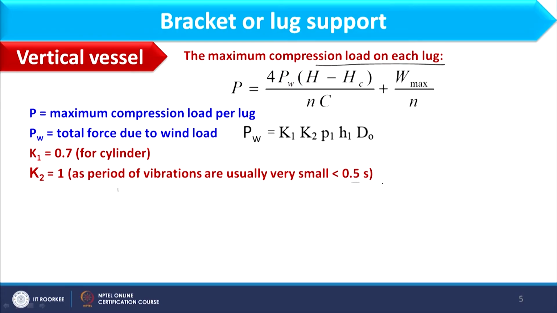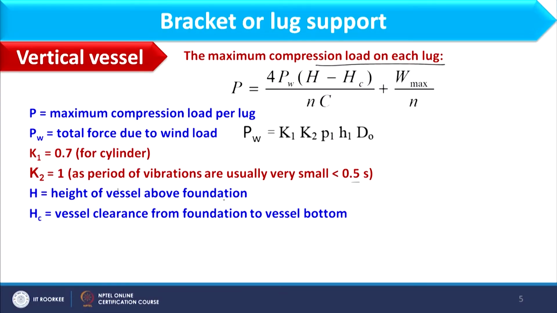When I consider tall vessels, their period of vibration is significantly higher than this. In that case K2 would be taken as 2, but here the vessel is of short height and therefore the period will never exceed 0.5 seconds, and therefore K2 is taken as 1.